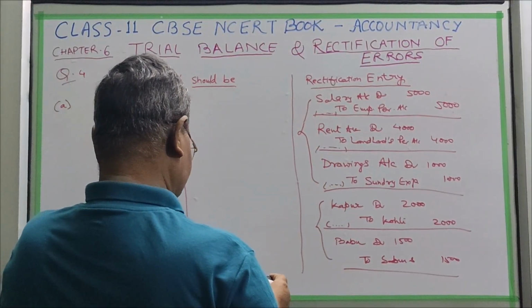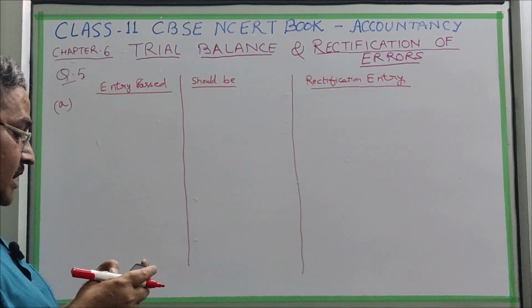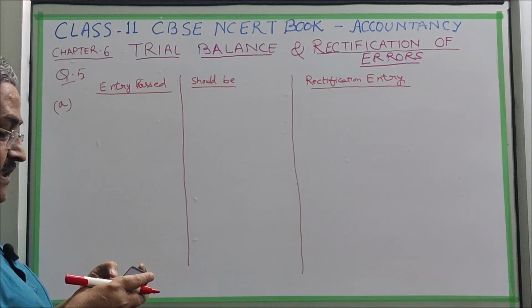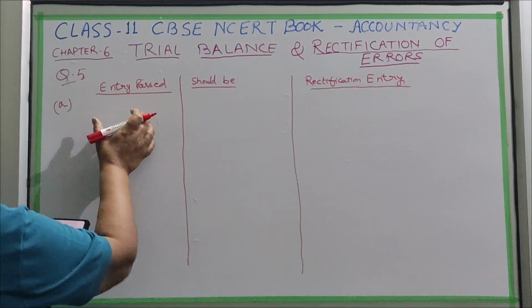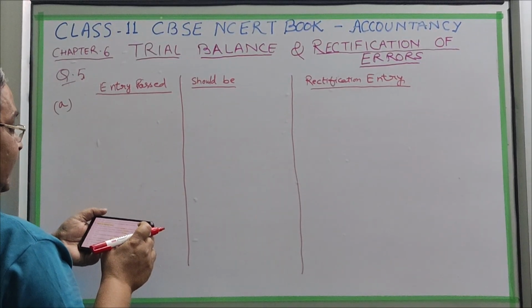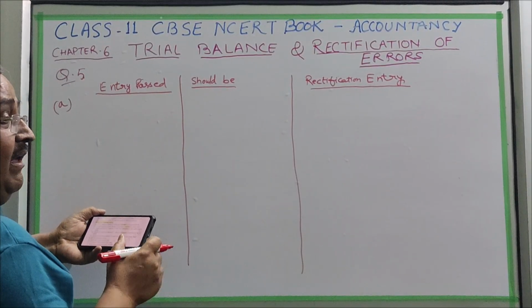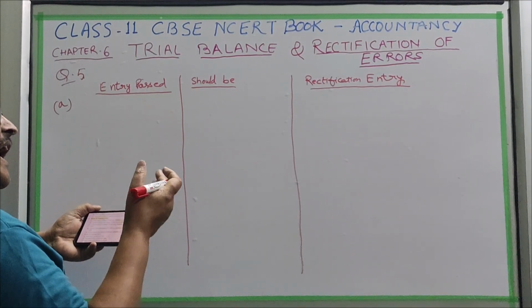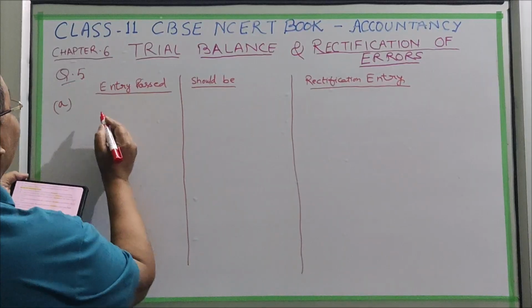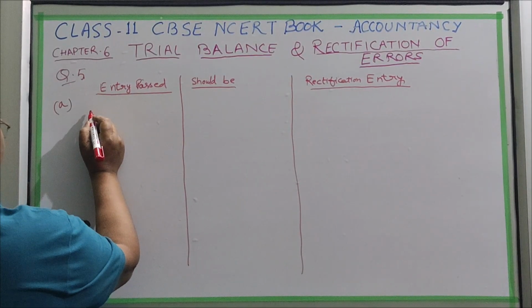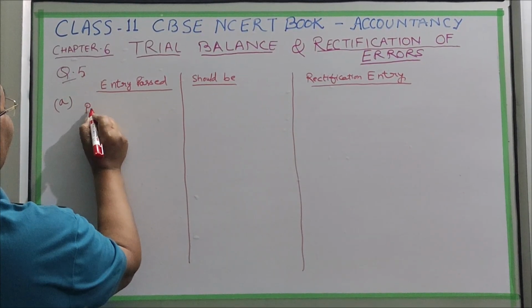Okay. Now we will go to question number 5. Credit sales to Mohan 7,000 were recorded in purchase book. Here we will do these entries because the word recorded is there and subsidiary books are used. It will affect heavily. Credit sales to Mohan entered in purchase book. Any entry you make in purchase, purchase account is debit.